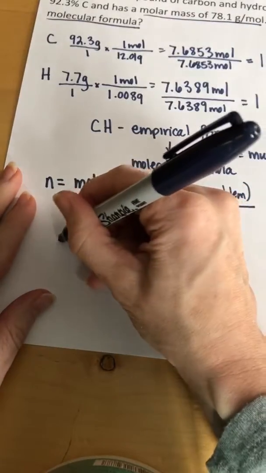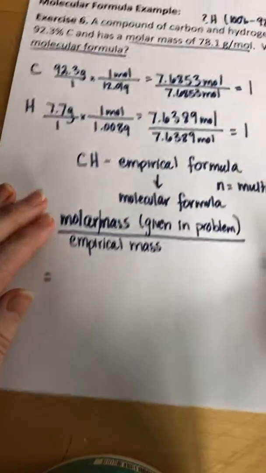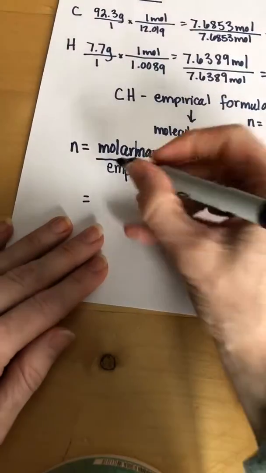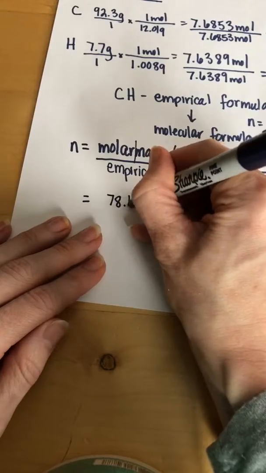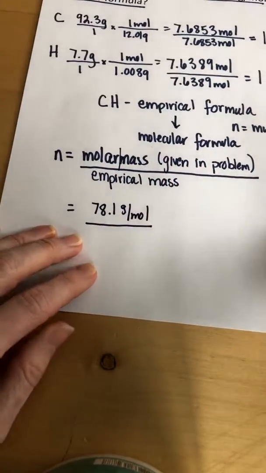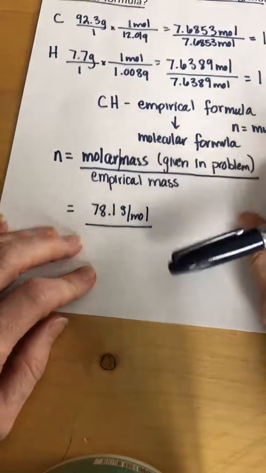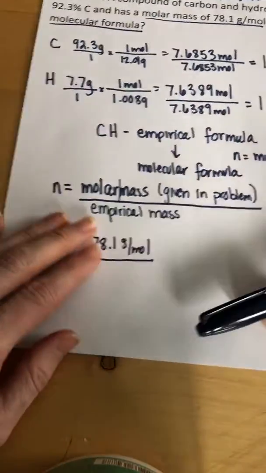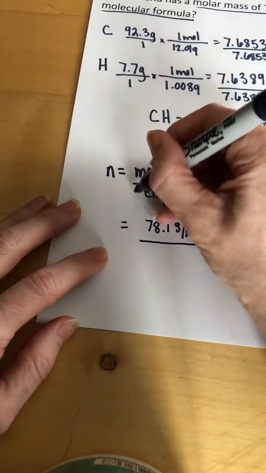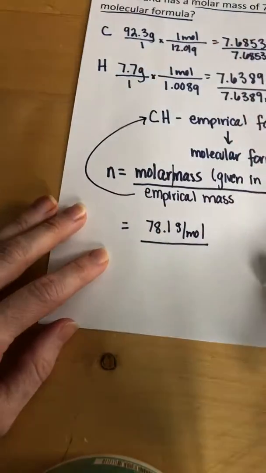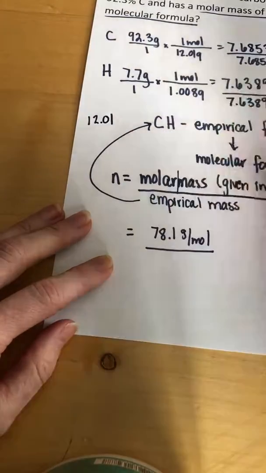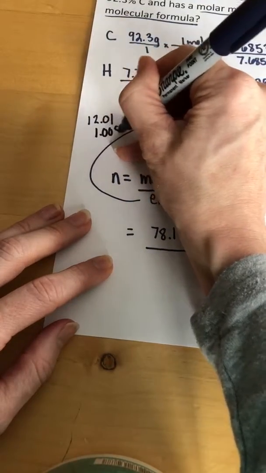So if we go ahead and do this, the molar mass, which is given in the problem, if I go back up, I'm told the molar mass is 78.1 grams per mole. So that's my numerator. And the denominator is the mass of my empirical formula. CH is my empirical formula, so I would just add up 1 carbon, which is 12.01, and then 1 hydrogen, which has a mass of 1.008.